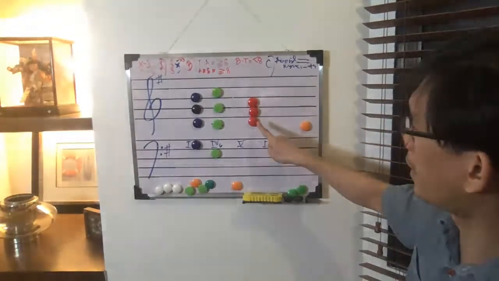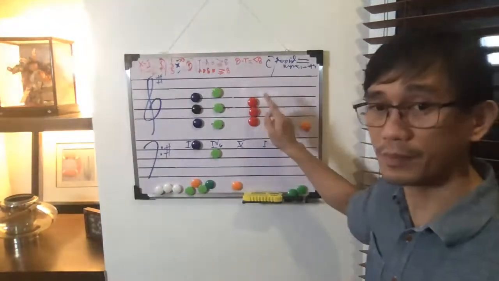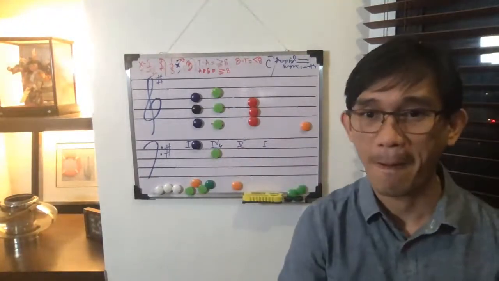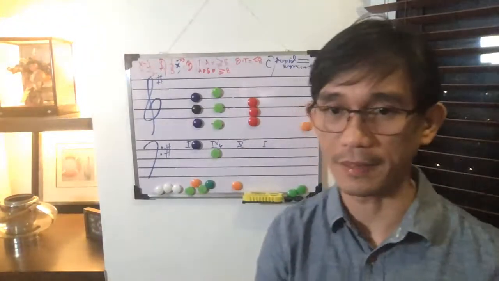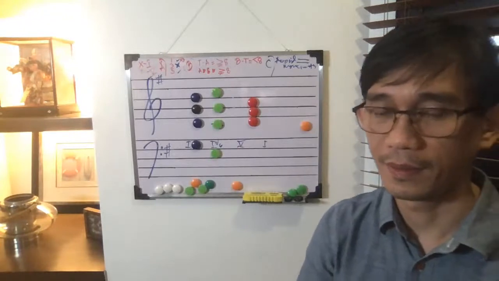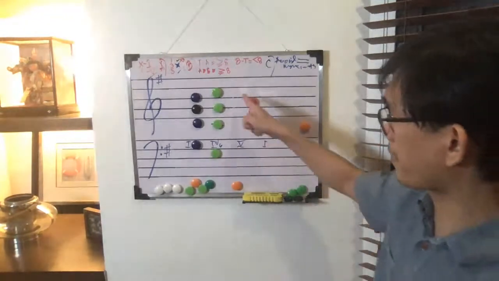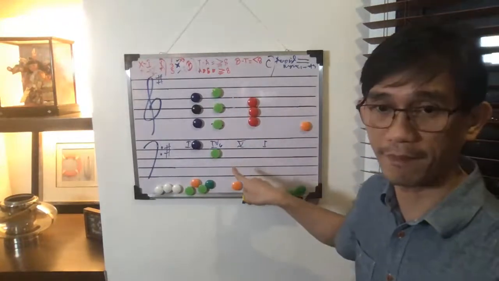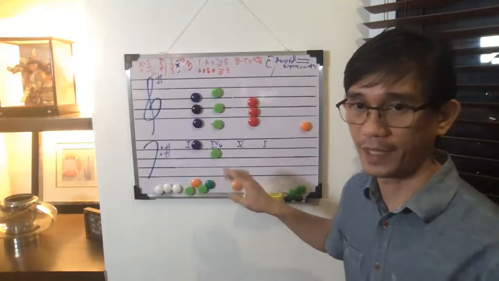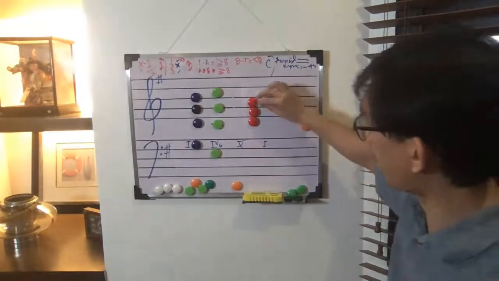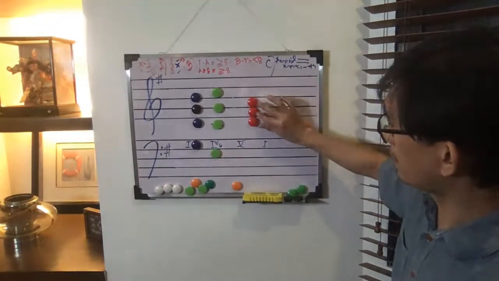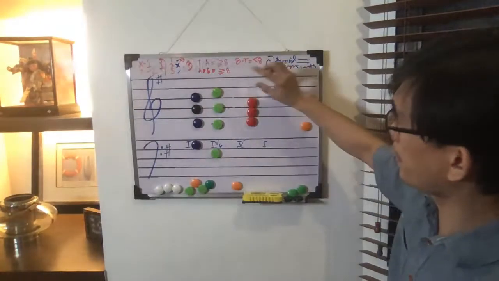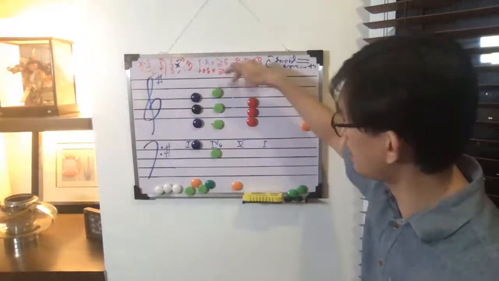So, where do you want to go this time? Do you want to start with the soprano or the bass? Because you can actually either start here or here. Doesn't matter, as long as you counter the movement of the notes. So, there are two possible voices to go to.